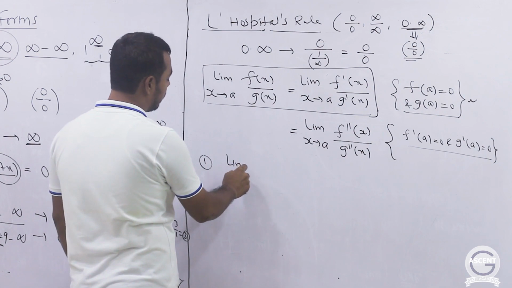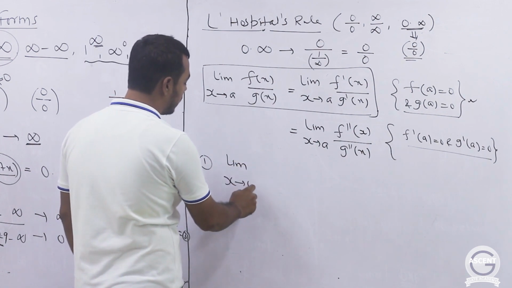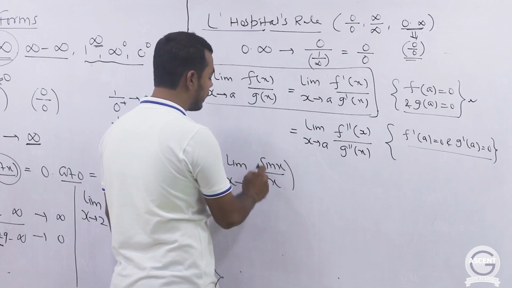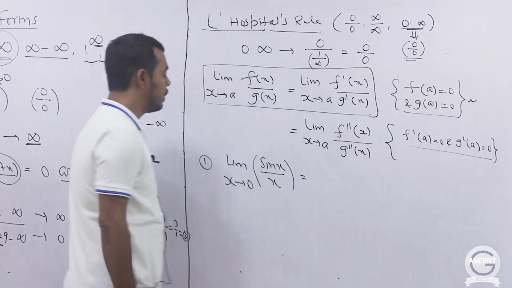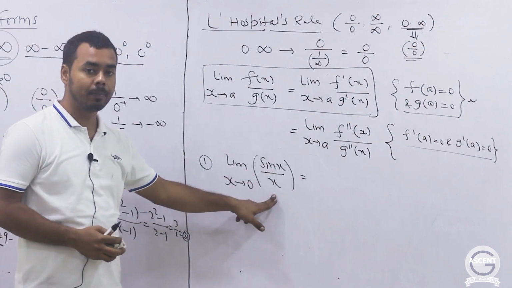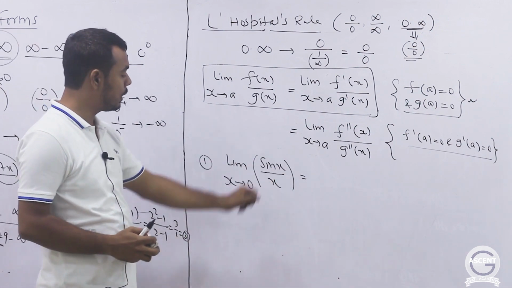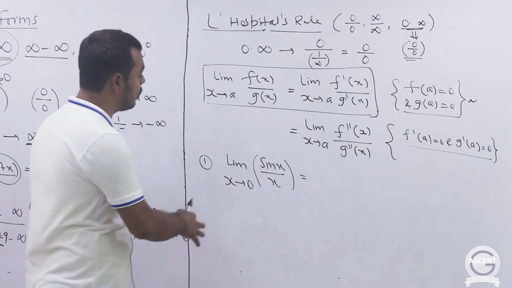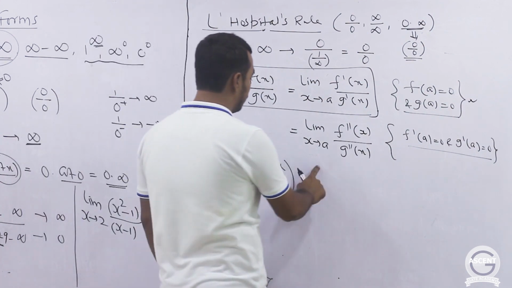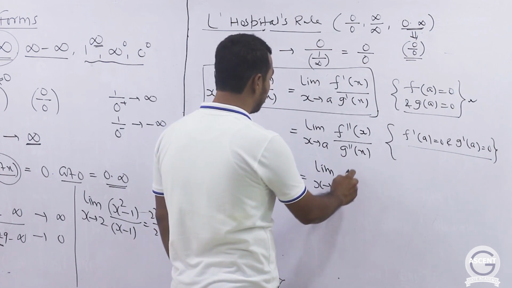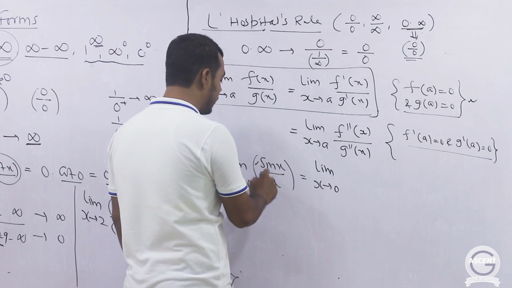Now after this there are some standard results, based on L'Hopital's rule, that you need to know. The first one is limit x tending to 0, sin x by x. As you can see, this is giving us 0 by 0 indeterminate form. If you place x equals 0 here, then you will get sin 0 by 0. So since it is 0 by 0 indeterminate form, you can apply L'Hopital's rule here. So you can write this as limit x tending to 0, differentiate these two separately.